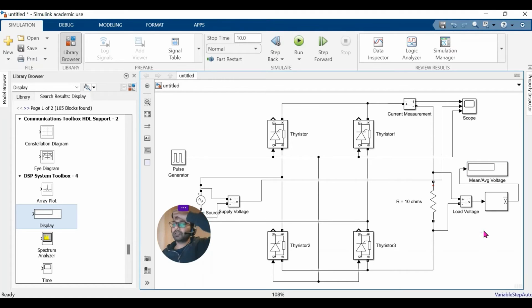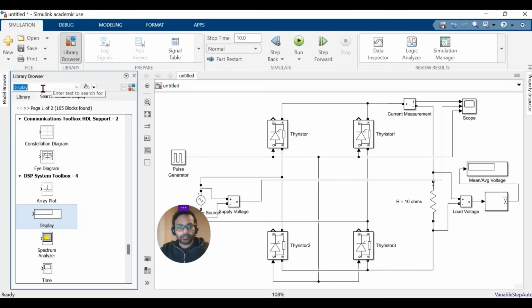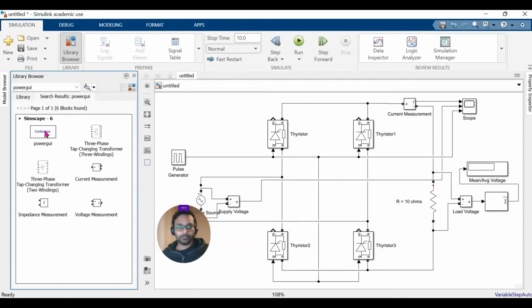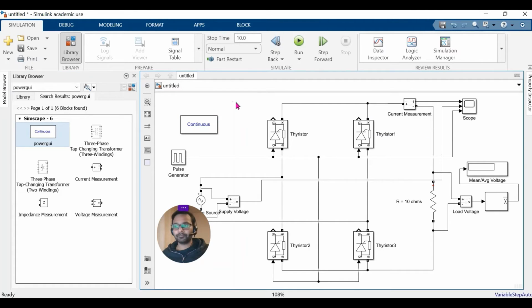Okay, so near about I've connected all the blocks which I needed. So the last thing I need is the power GUI block. So let's place it here.